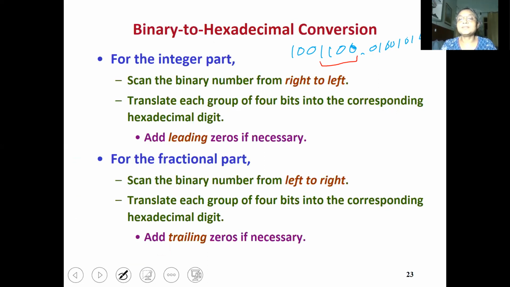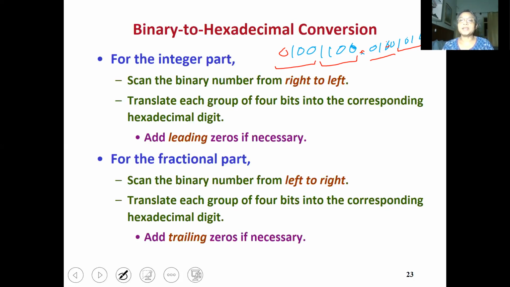This is the first 4 bits to the left of the decimal point. And then we have only 3 bits, so we will use a 0 to get 4 bits. Similarly, to the right of the decimal point, we take 4 bits, 0, 1, 0, 0, then 1, 0, 1, 0, then 1, 0, 0, 0.